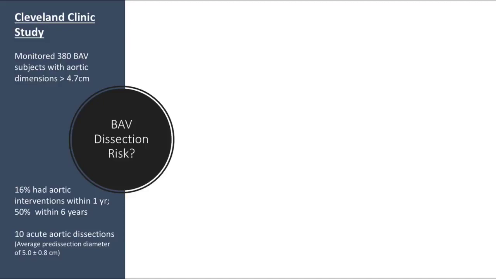All the patients in this study had an aorta of 4.7 centimeters or bigger. They looked at their complication rates, and I think the most interesting thing was that they had 10 acute aortic dissections, and the average pre-dissection diameter was 5 centimeters. This suggested that perhaps we should be more aggressive with our threshold recommendations.